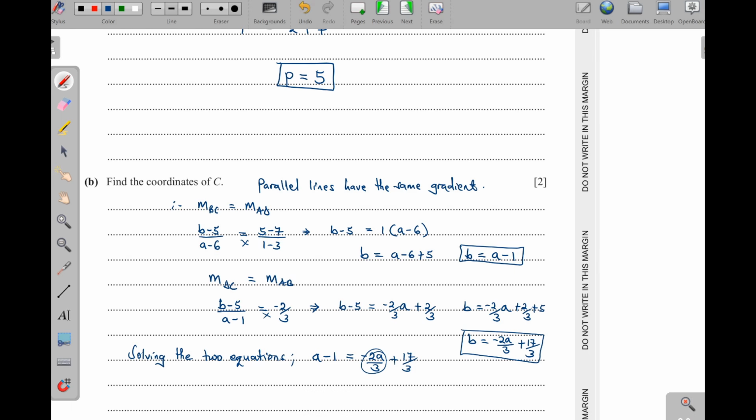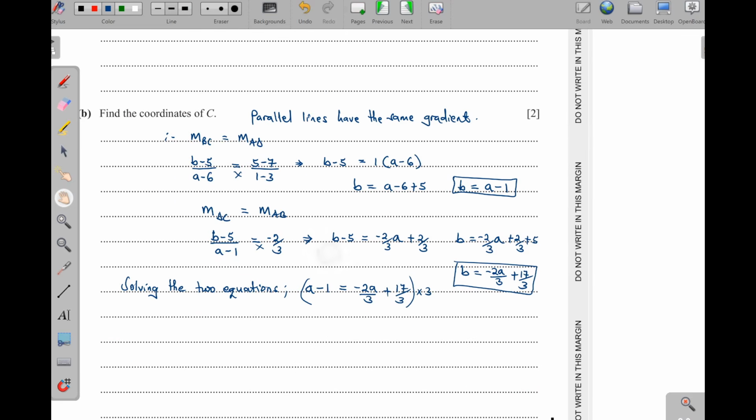So bring this one this side, or I can first multiply all through by 3 to eliminate the denominator. That means here we shall have 3a minus 3, which is equal to negative 2a plus 17. Bring this one here, it becomes a 5a.